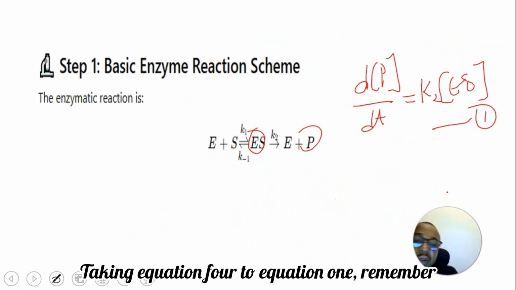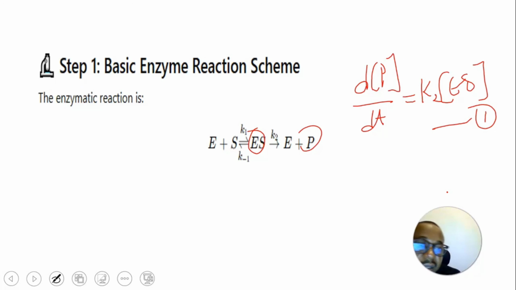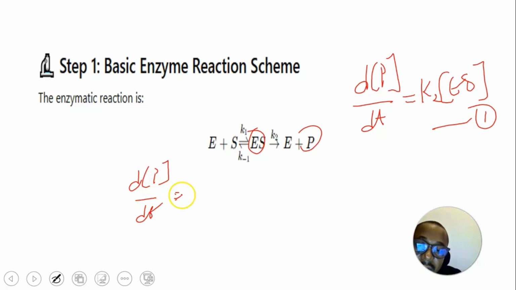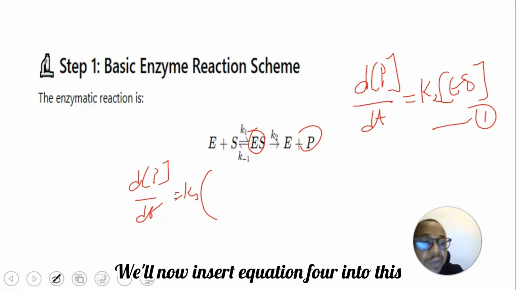Taking equation 4 into equation 1, remember, the change in P over dt is equal to K2, open a bracket. We will now insert equation 4 into this.